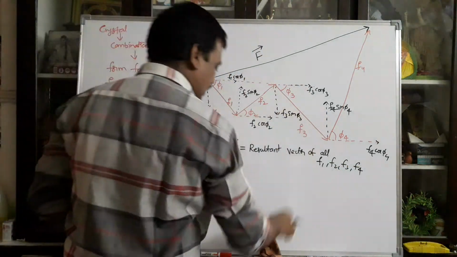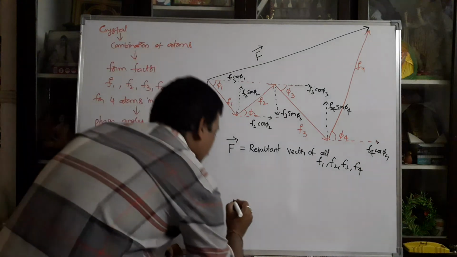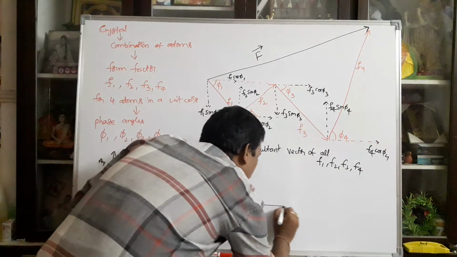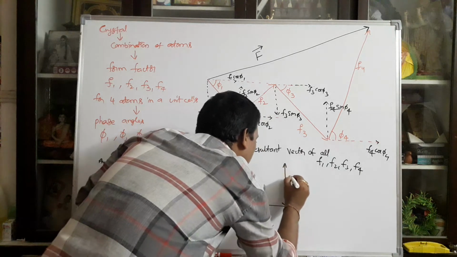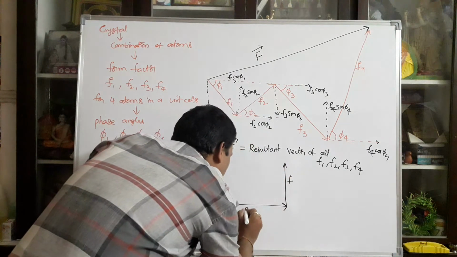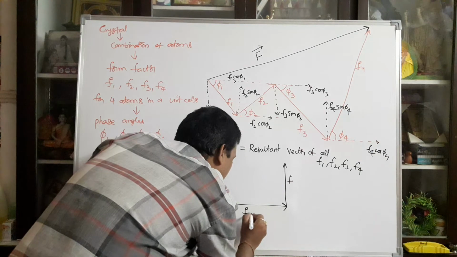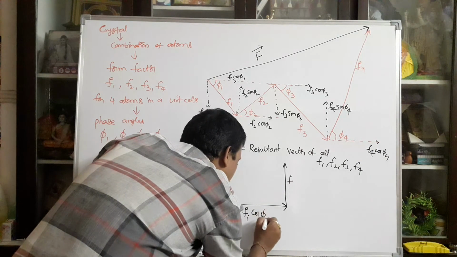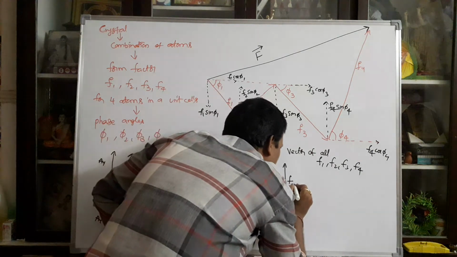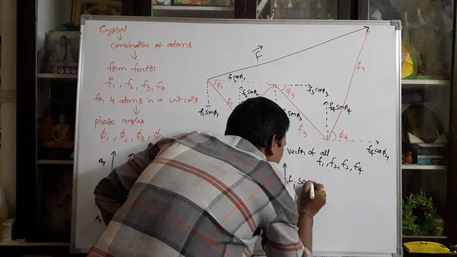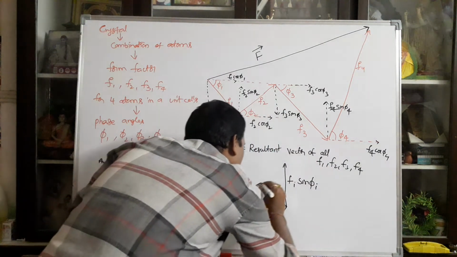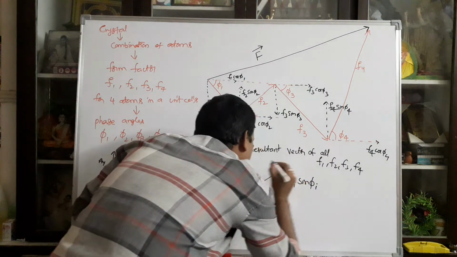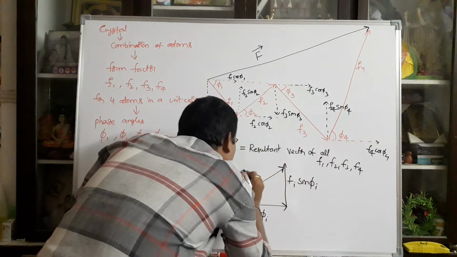So this is simply represented by this horizontal component and this vertical component. This is the horizontal component fi cos phi i. This is fi sin phi i. The resultant vector is that F bar.